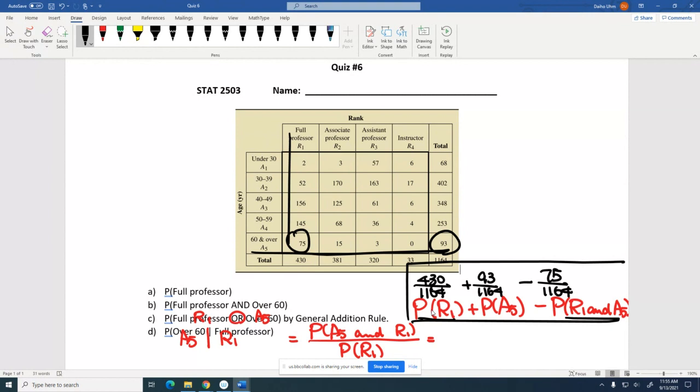Did you get this joint probability of over 60 and full? Yeah, it's 75 over 1164.